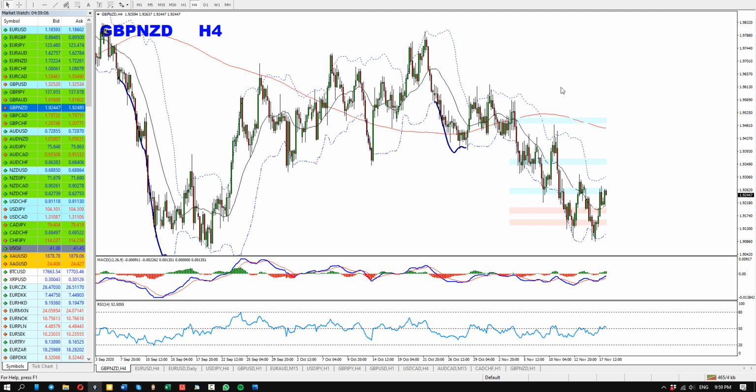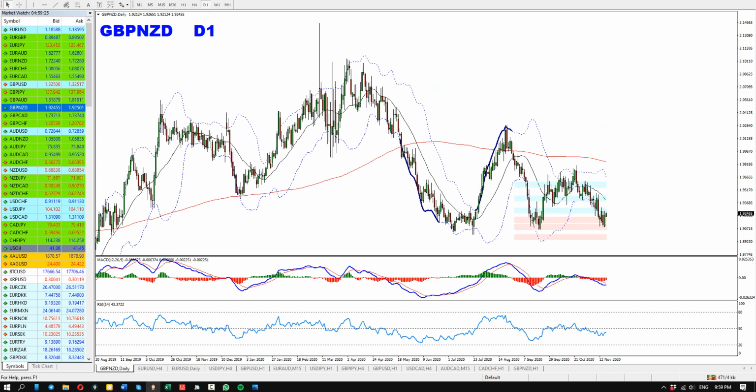The second tip I want to give you when you work with the hidden divergence is that the higher time frames should have nothing against it, and there should be room for you when you check the swing points. If this is the 4-hour chart, the swing point on the daily is here. I want to make sure that once I spot my opportunity, there is enough room for the movement.